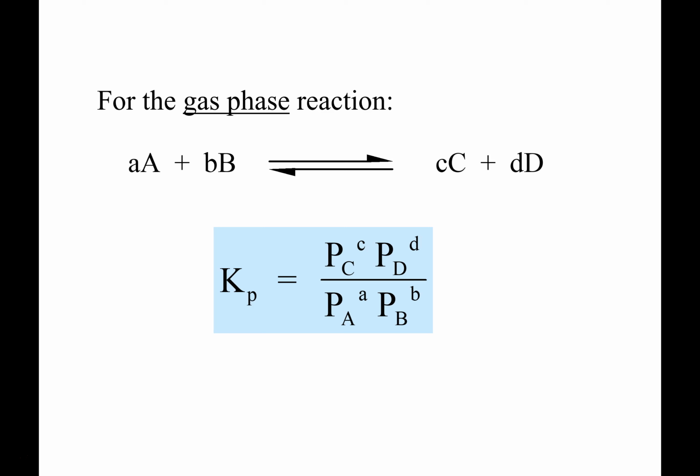So let's just say your two reactants, A and B, and your two products, C and D, are all gases. Then we can talk about their relative concentrations in terms of their partial pressures. So P sub C would be the partial pressure of the product C raised to its stoichiometric coefficient. P sub D is the partial pressure of the product D raised to its stoichiometric coefficient. You get the idea. P sub A is the partial pressure of the reactant A raised to its stoichiometric coefficient, and P sub B, the partial pressure of B raised to its stoichiometric coefficient, is equal to a different equilibrium constant, Kp.